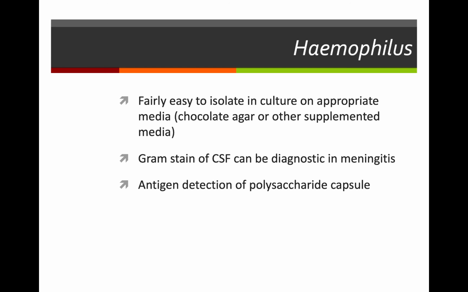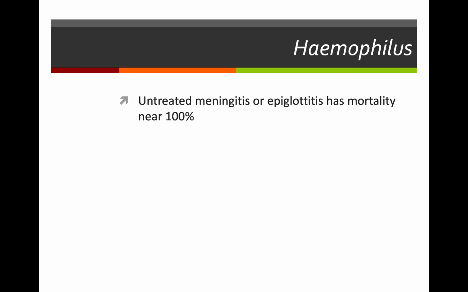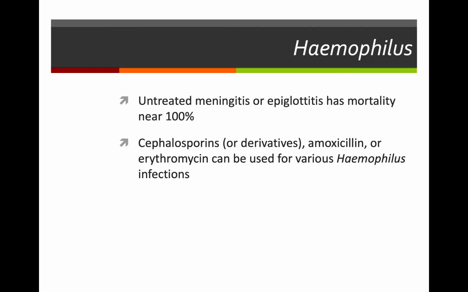You can also do antigen detection of the polysaccharide capsule, and that can help you differentiate between the different types of Haemophilus infection, so type B versus type D, for example. Untreated meningitis or epiglottitis has mortality of about 100%. So these are not infections that you want to leave untreated.